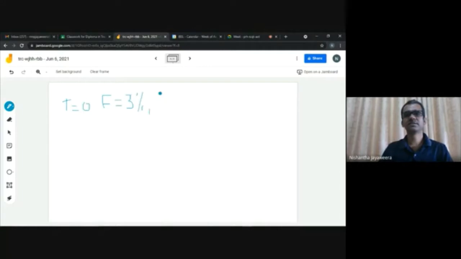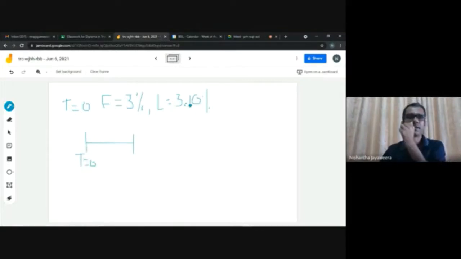Then the LIBOR, assume 3.1%. This is at time T0, that means on this date. This is the terms agreed, 3% and 3.1%.